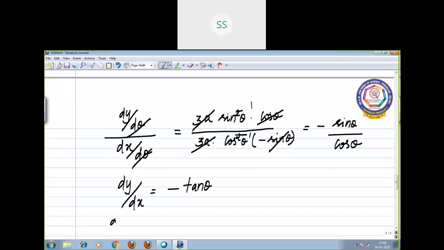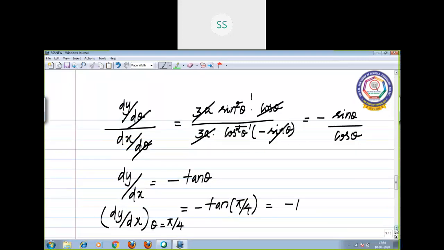Here what is given? dy by dx at theta equal to pi by 4. What is it? Minus tan pi by 4. Theta should be replaced by pi by 4, which is equal to minus 1. This is your slope of the tangent.